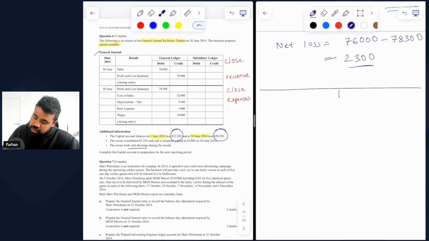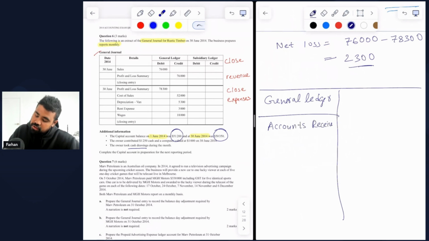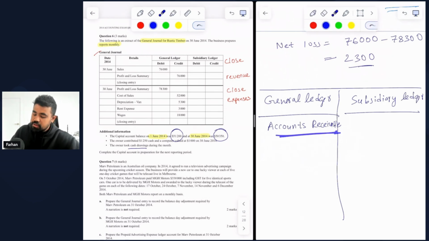So let's say that within the general ledger, we have the asset account for accounts receivable. Okay, so this is the first example I'm going to use. Now, accounts receivable refer to the credit customers of the business.